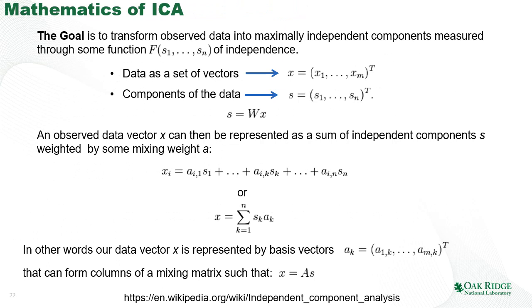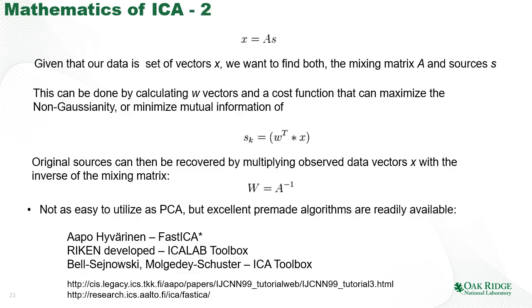In a slightly more mathematical form, the goal of the ICA is to transform the observed data into maximally independent components, with independence being defined through some function of independence. If you do that, then you represent your data as a linear combination of the sources, which are mixed by some matrix. Again, the great source of information on the ICA is the Wikipedia page.